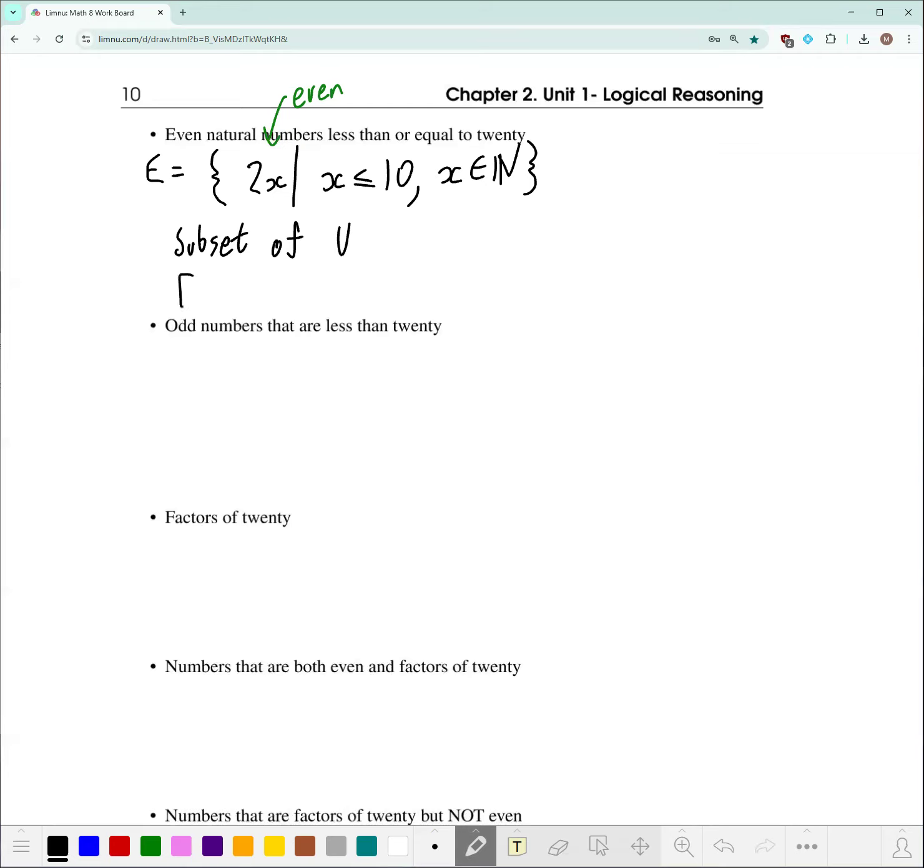I can say that E is a subset of U. I try to make this subset symbol a little bit longer so that I don't accidentally think it's a C. The subset symbol is kind of like a C that you stretched a little bit horizontally. So E is a subset of U. That again means that any of the elements in E are also found in U.